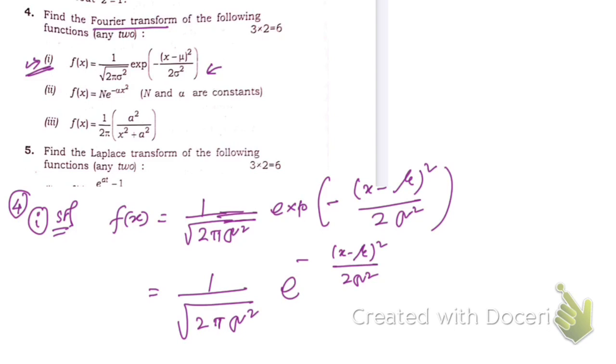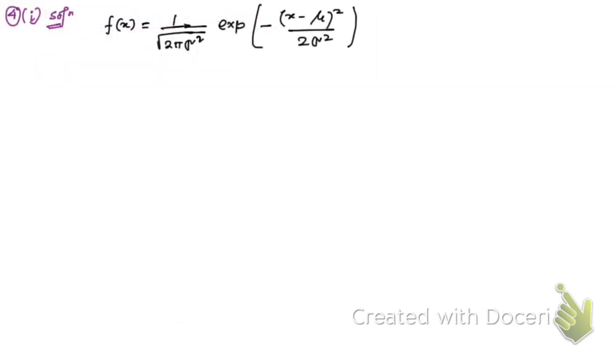So let me go to the new slide and show you how to solve this question. This is the given function, and we need to find its Fourier transformation. It can be written as 1 by root over 2 pi sigma square e to the power minus (x minus mu) whole square divided by 2 sigma square.